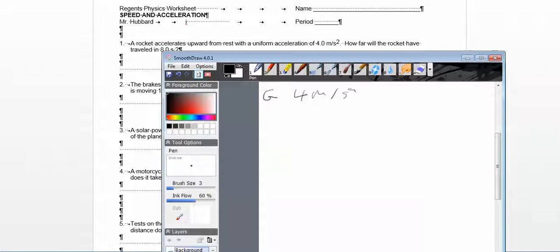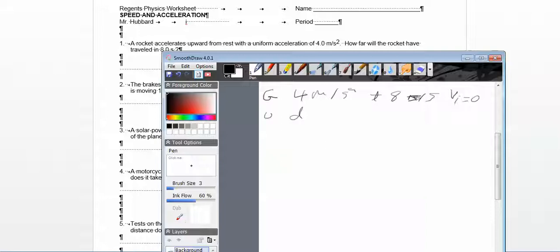And our time is 8 seconds. Our unknown is the distance, how far. And apparently that's all we have. But remember, the rocket accelerates upward from rest, so our initial velocity is 0.